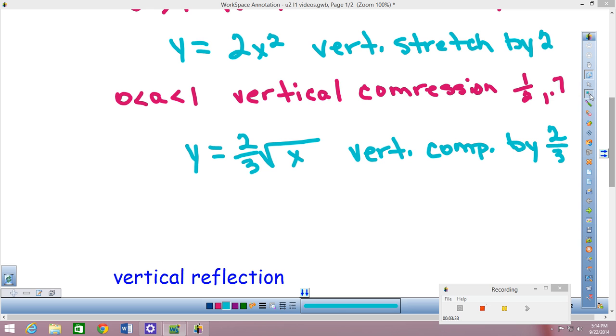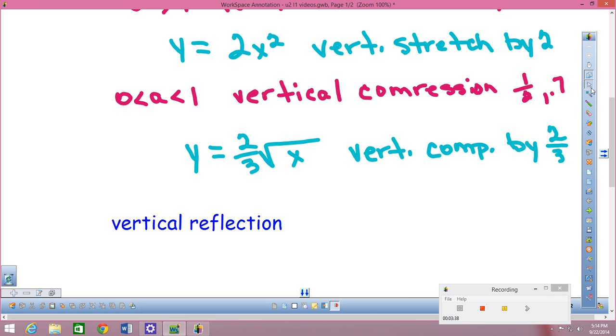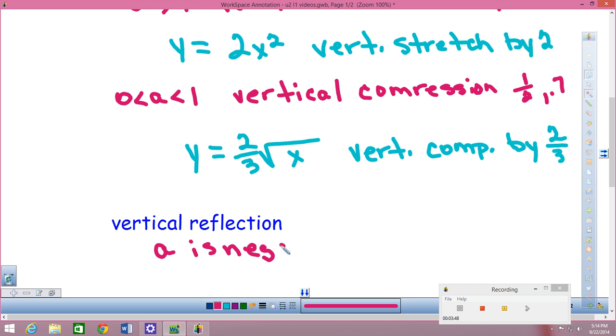Okay, that a value causes another change. If that a value is negative, it's going to cause a vertical reflection. Okay, so if a is negative, then we have a vertical reflection. Vertical being up and down, right? I'm going to show you an example with a graph.